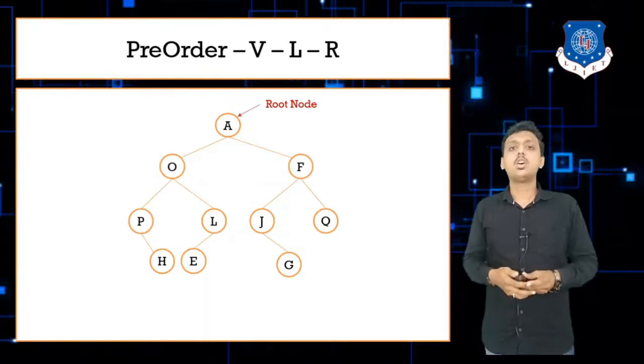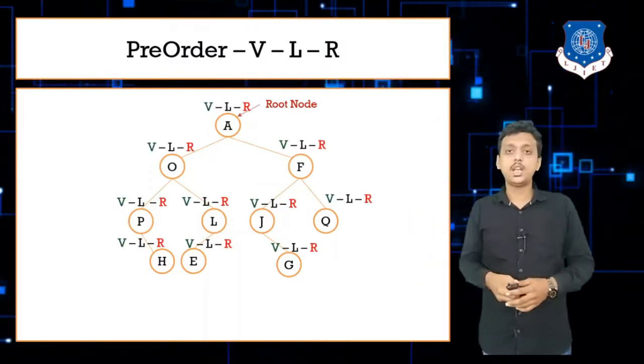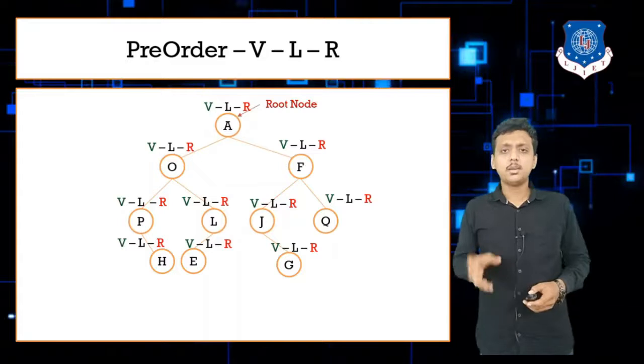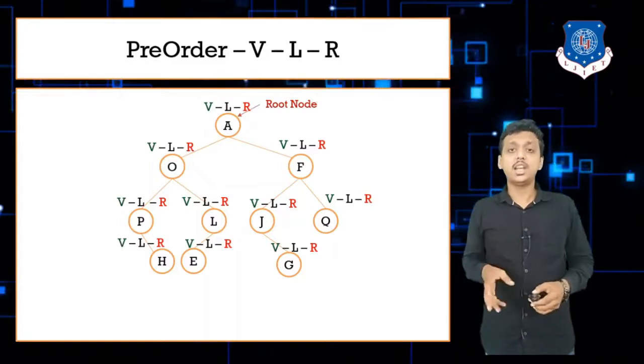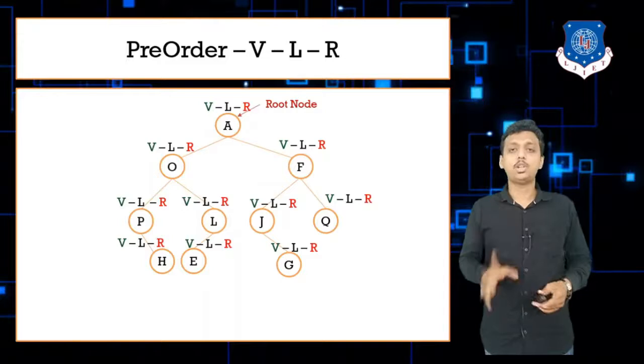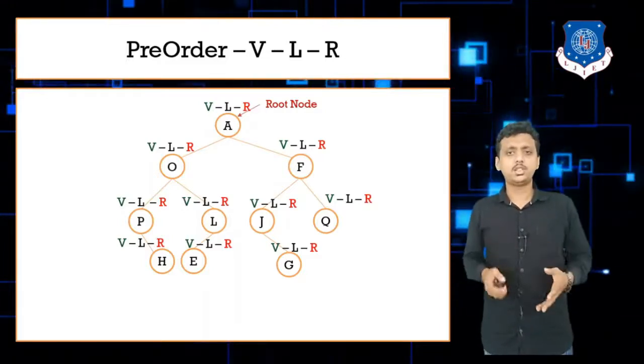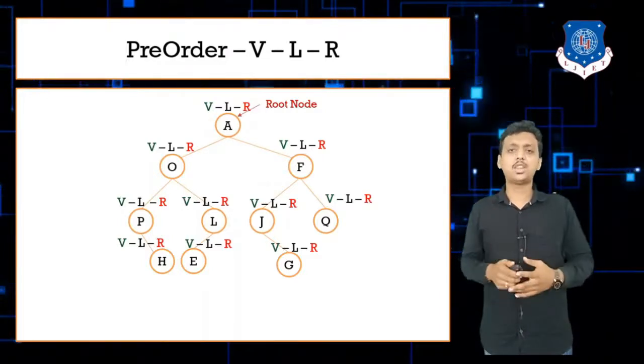So on each and every node I'm just writing VLR, VLR, VLR. Why am I doing this? Because after writing VLR, it is very easy for me to perform the operations. First we need to visit the node and then start the further operations.